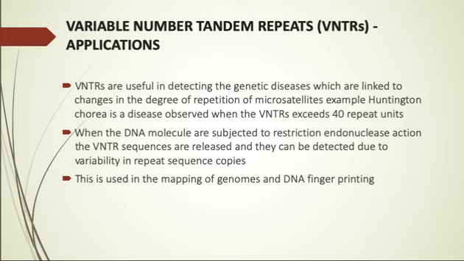For example, Huntington's chorea is a disease observed when the VNTRs exceed 40 repeat units, right? That's one example. When the DNA molecule is subjected to restriction endonuclease action, the VNTR sequences are released and they can be detected due to the variability in the repeat sequence copies. So this is used in mapping of the genomes and DNA fingerprinting. Okay, so this is the second type of DNA marker.